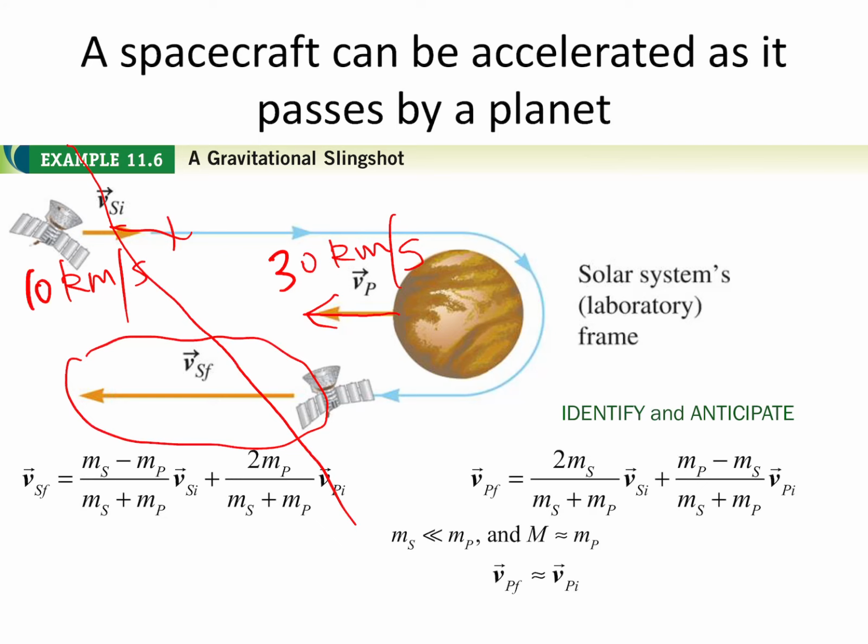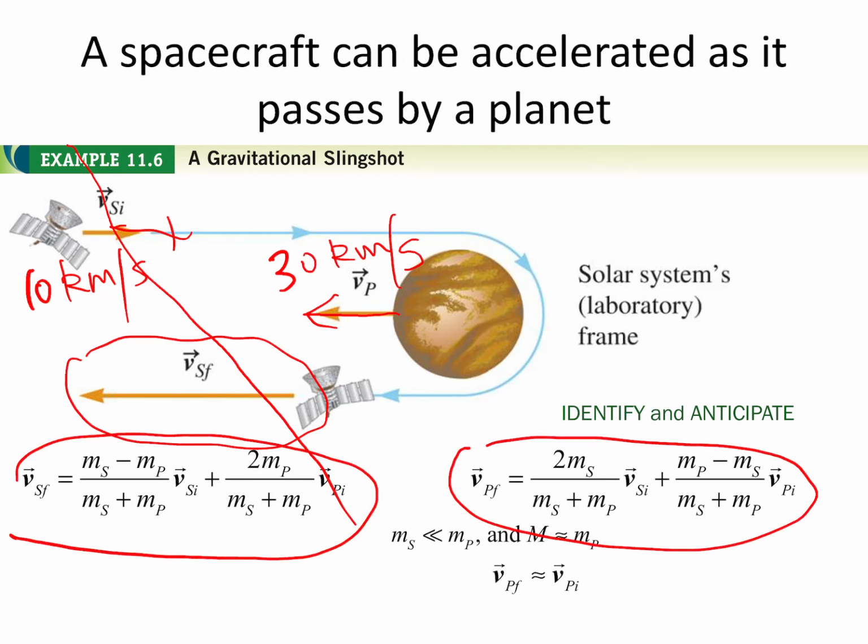You will find that the final momentum of the spaceship will be expressed like this and like this. Now what we need to know is that the mass of the spaceship is much smaller than the mass of the planet. What does that mean? It means this one is 1, this one is -1, this one is 2.